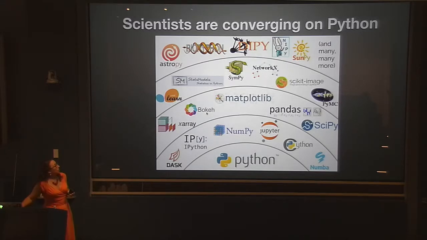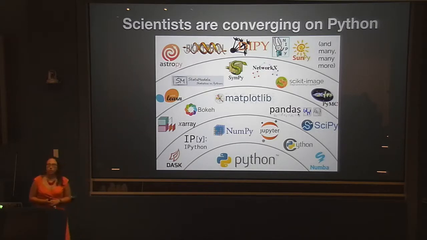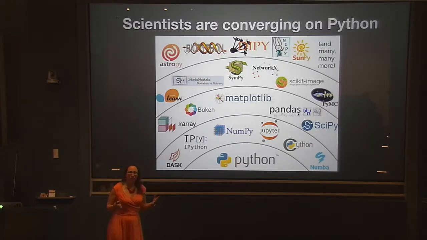There's also Matplotlib and Bokeh, which are used for visualizations. Pandas is used for manipulating big arrays of data, tabular data. Pandas is used extensively, not just in academic science, but in industrial data science. Google and Facebook use pandas to analyze all of their data and to figure out what ads to serve you.